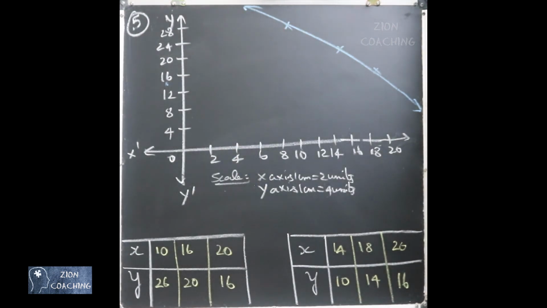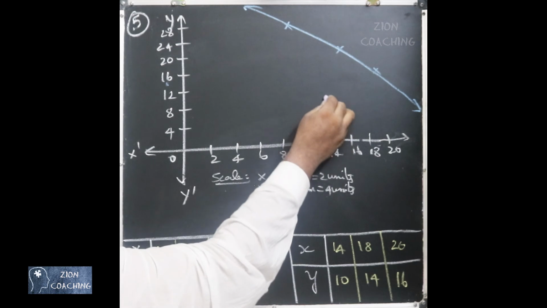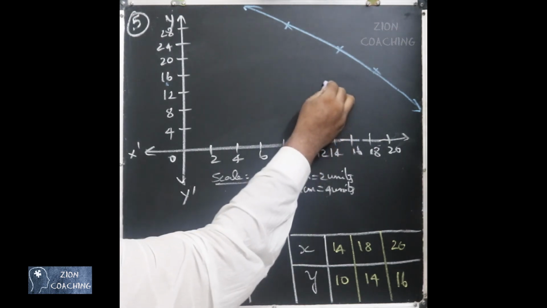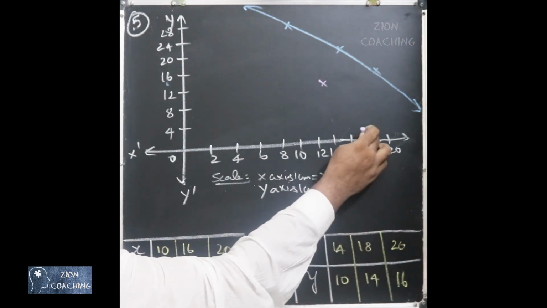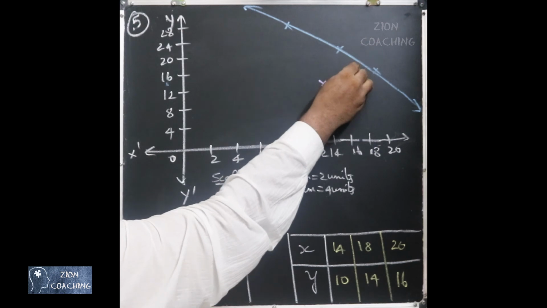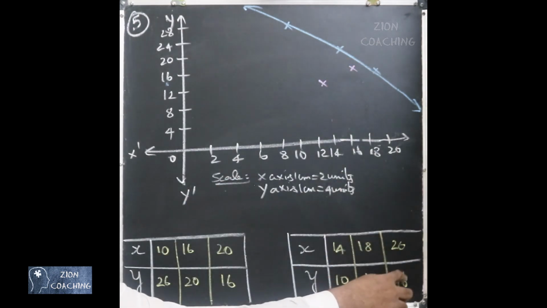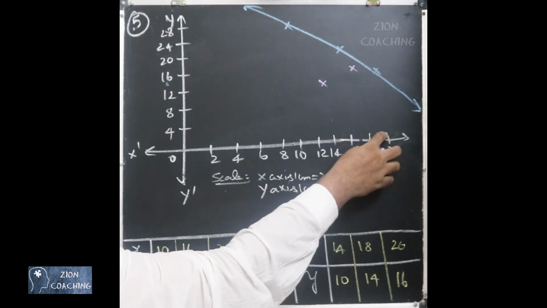Now we are going to draw the second line. 14 comma 10. In 14 the value is going to be 10. Then 18 comma 14 will be somewhere there. Then 20 comma 16, we have already marked.